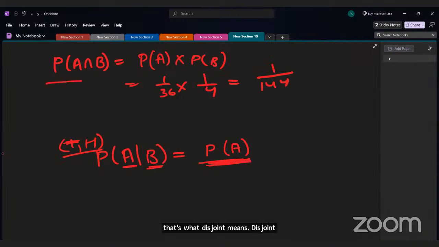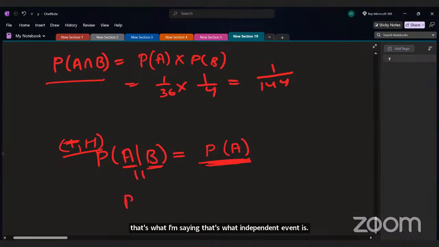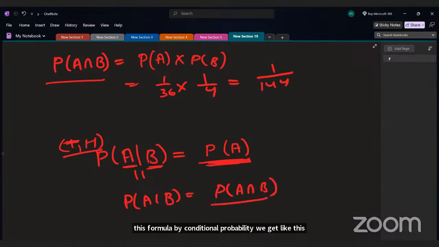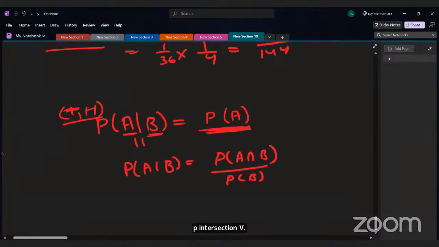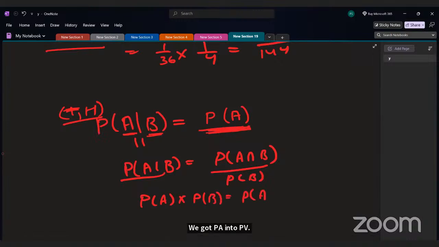And how we got this formula: by conditional probability, P(A given B) is P(A intersection B) by PB. Now this P(A given B) is simply PA, so we get PA into PB is equal to P(A intersection B).